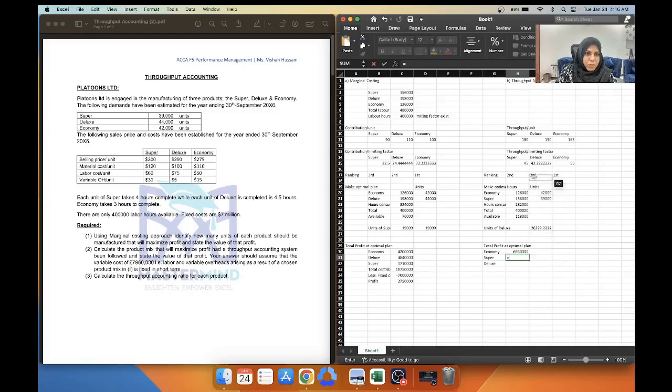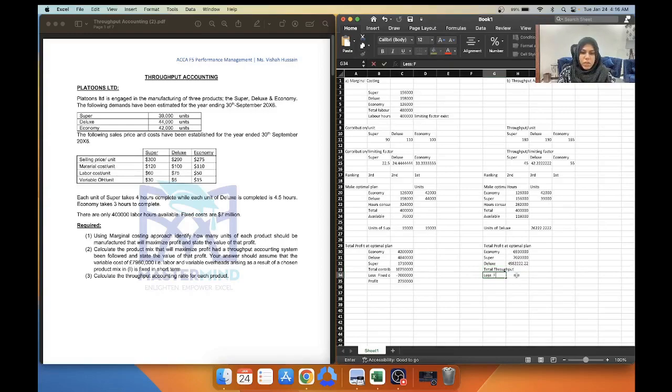So for super 180 into 39, and for deluxe 190 into this. This gives you total throughput, less fixed cost.